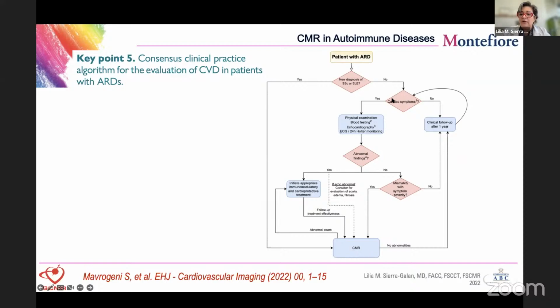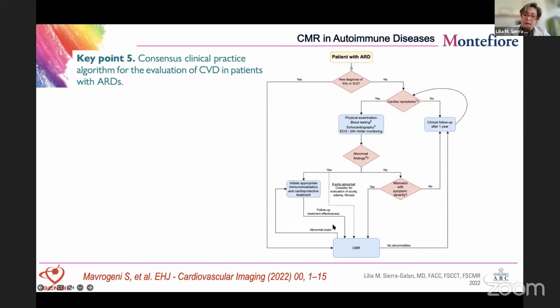If it's no, did the patient have cardiac symptoms? If not, well, clinical follow-up, and in 1 year we will reevaluate. Then if the patient has cardiac symptoms, then do the routine evaluation. If that is abnormal, then we should initiate the proper therapy and do CMR.